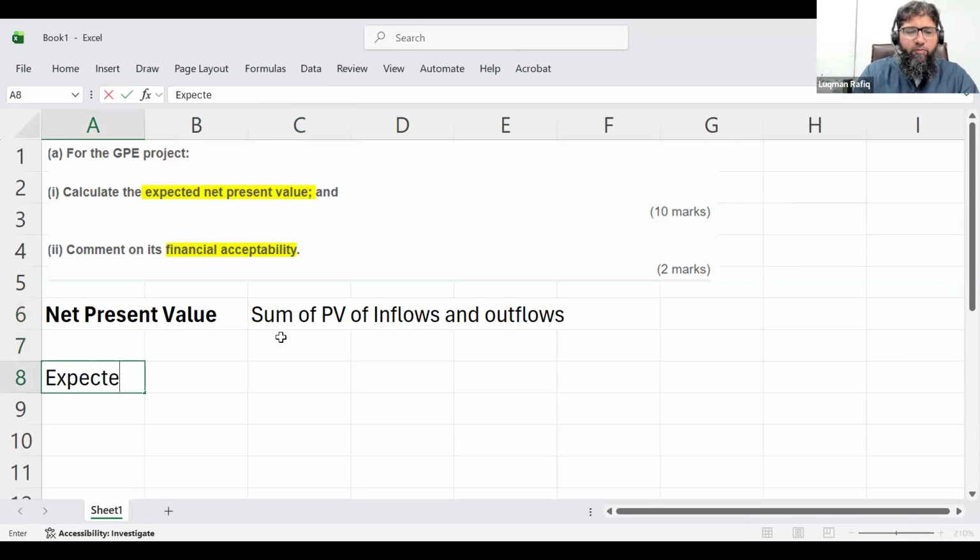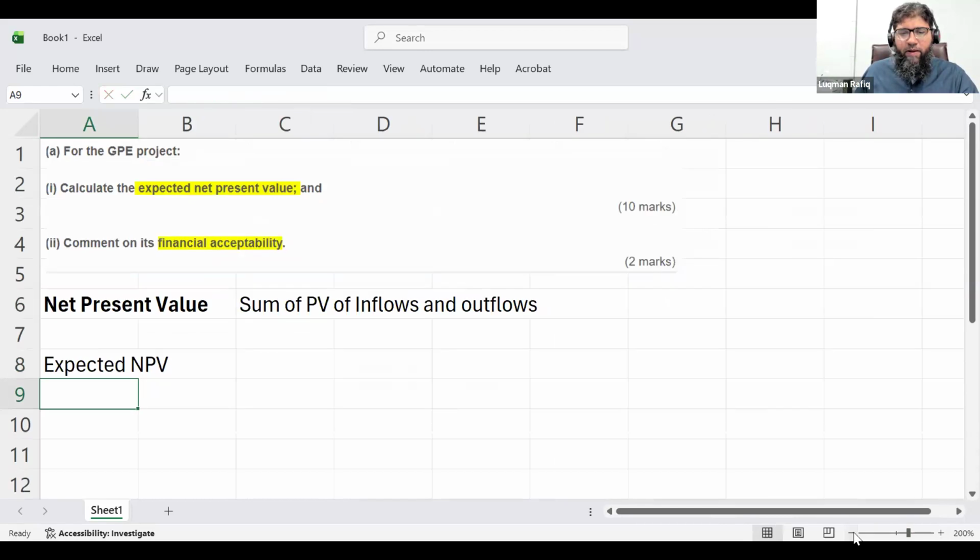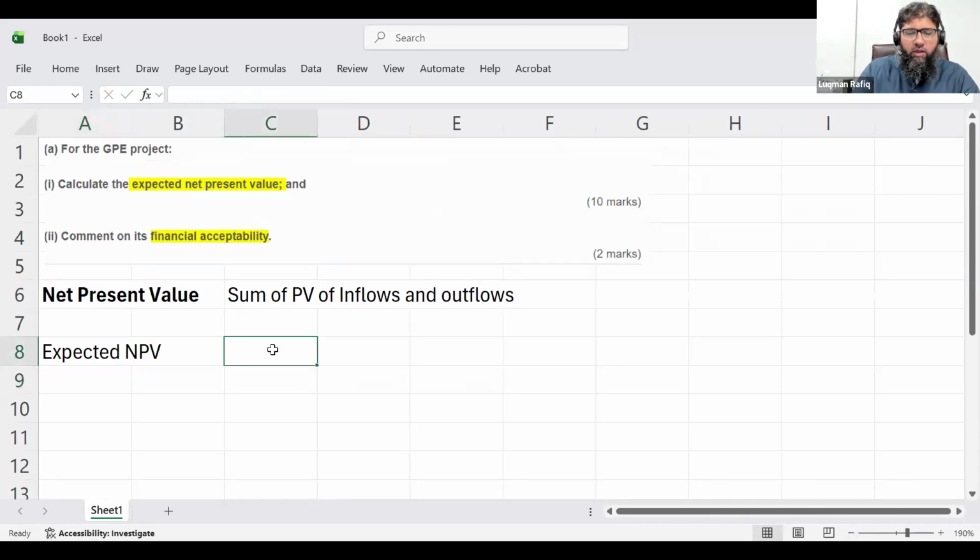When we talk about the expected net present value, what does the word expected actually refer to? The expected value is based on probability scenarios. The expected values are based on probabilities.